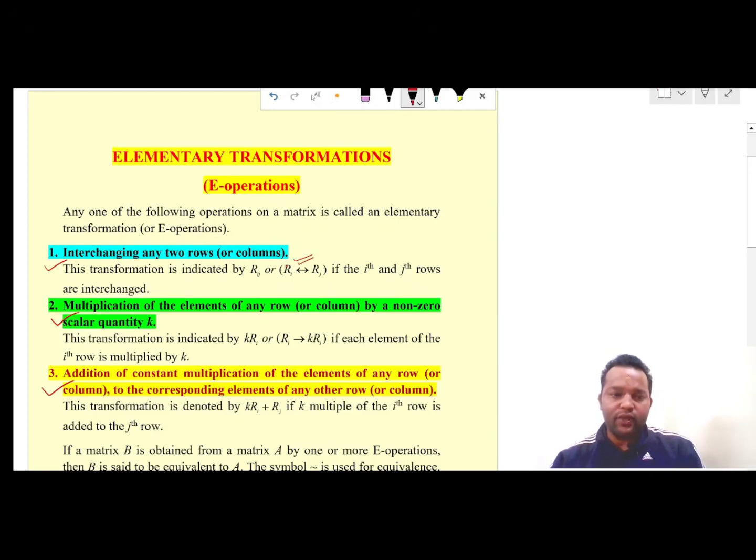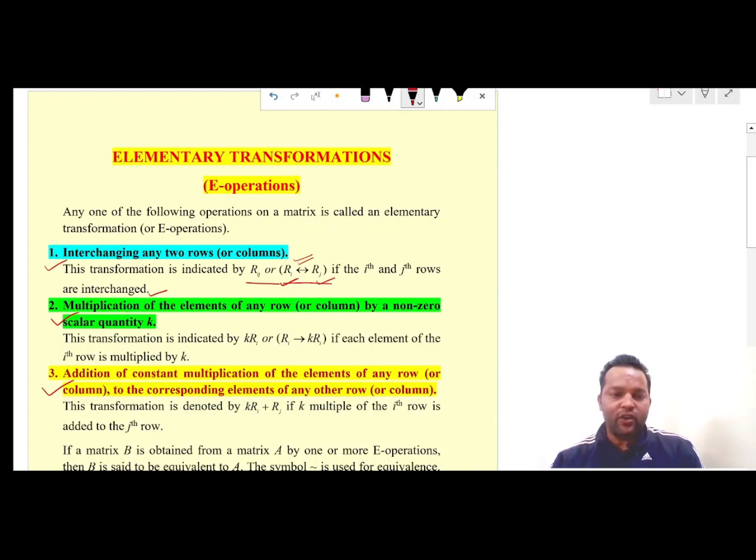In a matrix, we can interchange any two rows or any two columns, and this transformation is indicated by Ri implies Rj, which means that the ith row and jth row are interchanged.